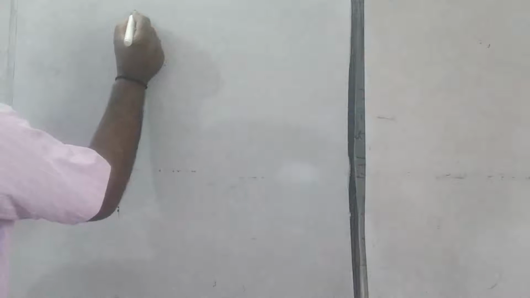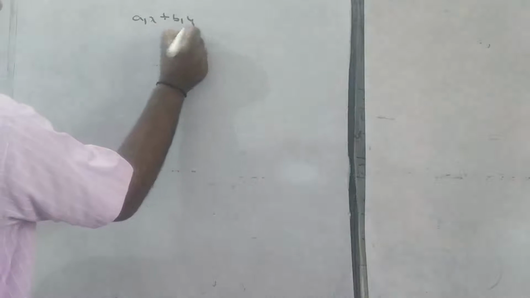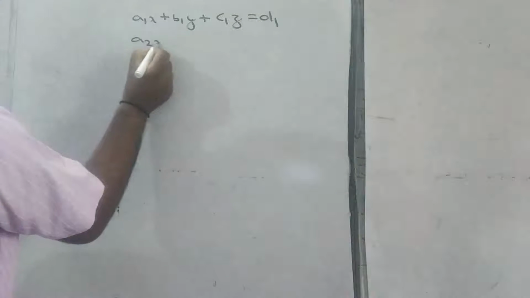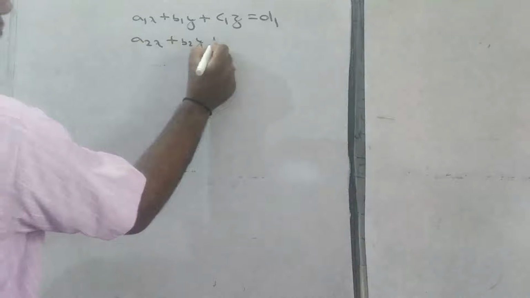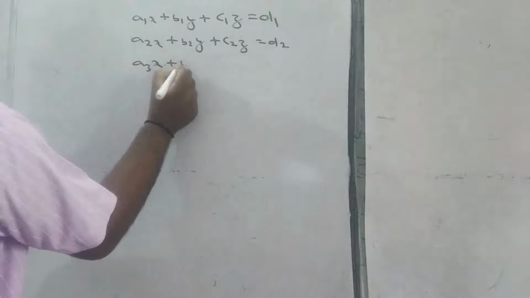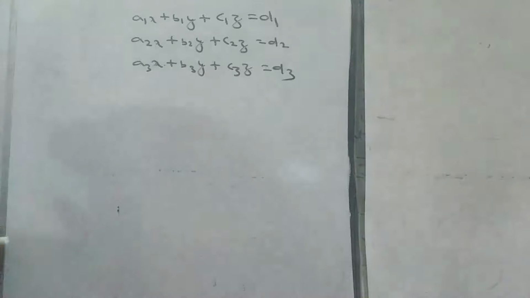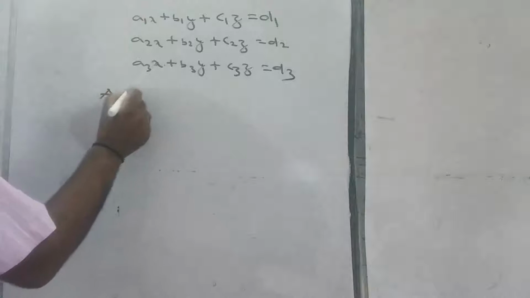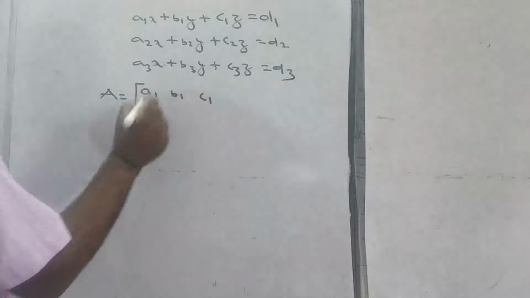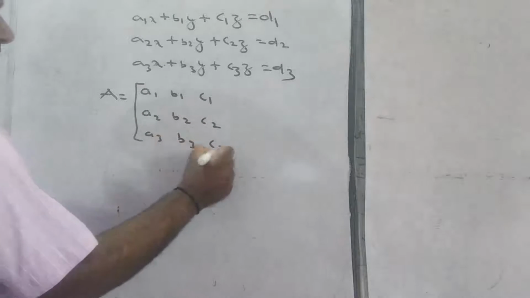The standard form of equations is a1x + b1y + c1z = d1, a2x + b2y + c2z = d2, a3x + b3y + c3z = d3, where the coefficients give capital A matrix: a1, b1, c1, a2, b2, c2, a3, b3, c3.